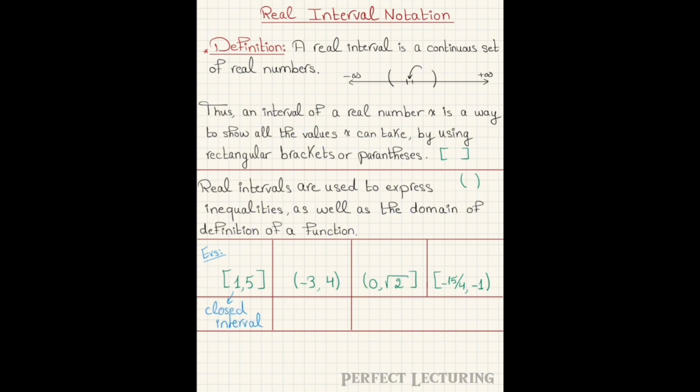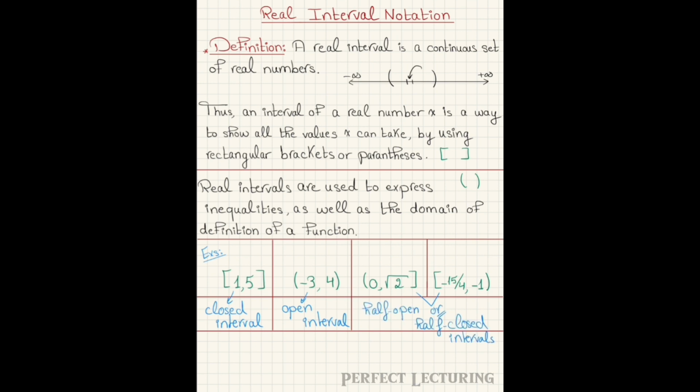On the other hand, if we have parentheses on both ends, we say that this is an open interval. Now, if we have parentheses on one end and rectangular brackets on the other end, as the other two examples, these are neither closed nor open intervals. We say that they are half open or half closed intervals.